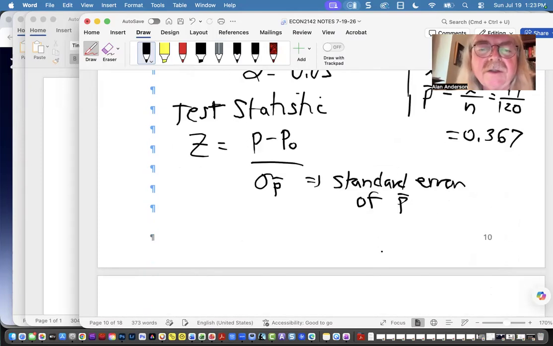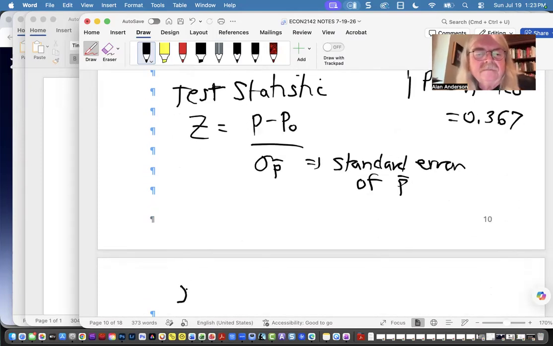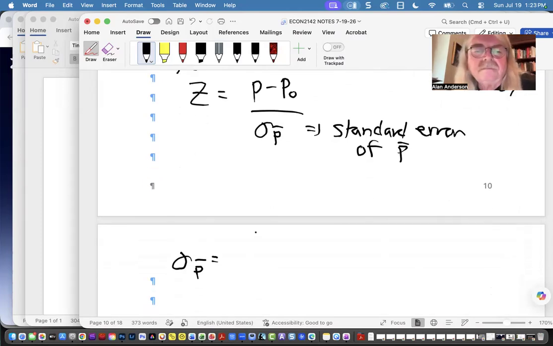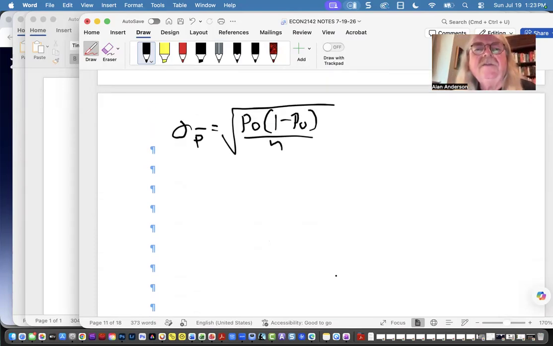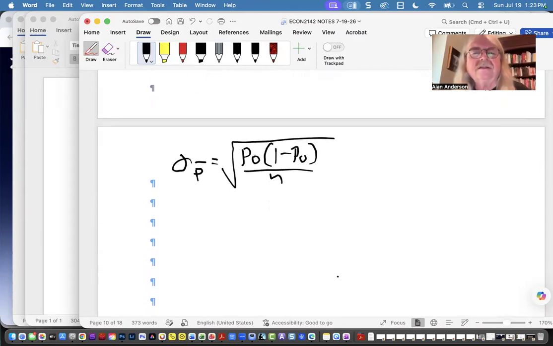And that in turn equals, okay. So if you want to combine them, then you can do it like this.